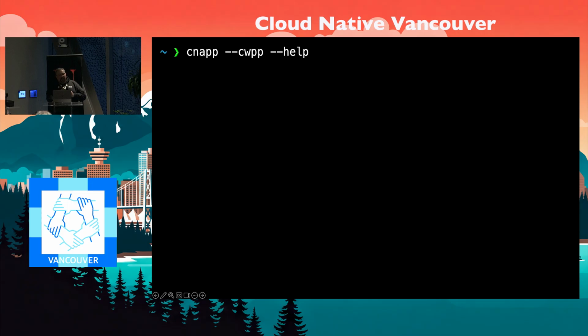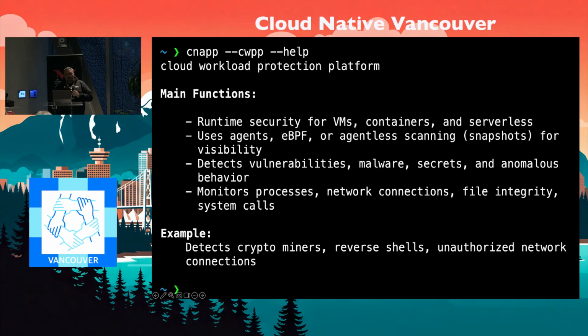And then finally, CWPP, Cloud Workload Protection Platform. Basically, you can think about it like an antivirus running on your workload in the cloud. I don't like this comparison, but sometimes it helps to understand. So you have a workload running there, and you are monitoring a lot of things, right?